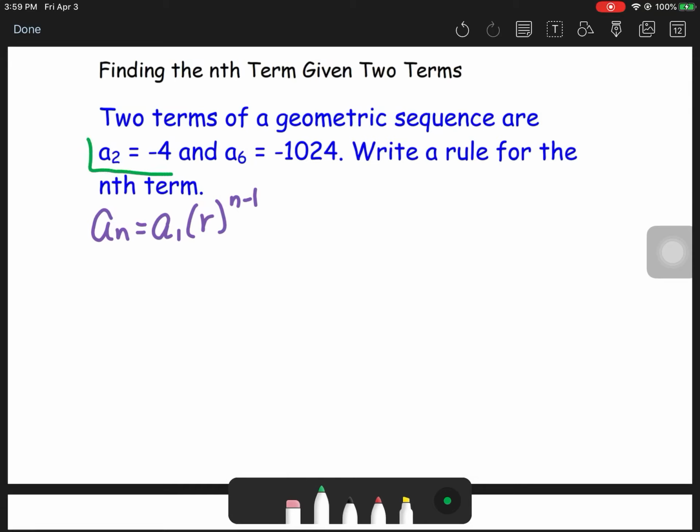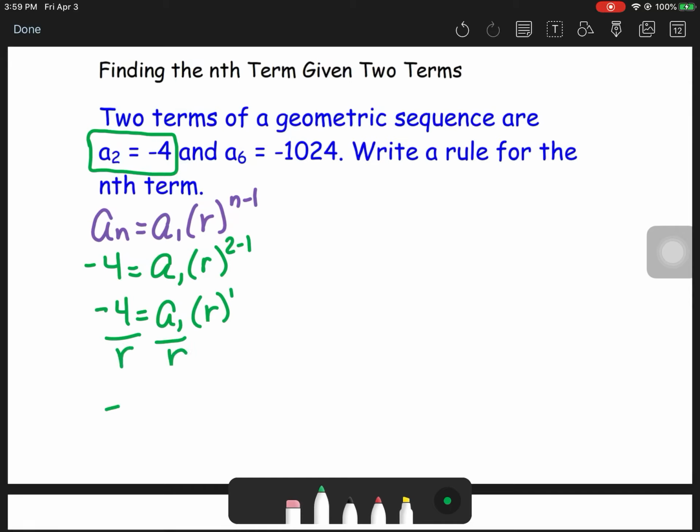So if I use this, a sub 2 equals -4, I'm going to plug in -4 as my answer. I don't know my a sub 1. I don't know my rate, but I do know that my n is 2. So I have -4 equals, I don't know my first term, I don't know my rate, but I do know it's to the first power. So we're going to divide both sides by r, and so -4 over r equals a sub 1.